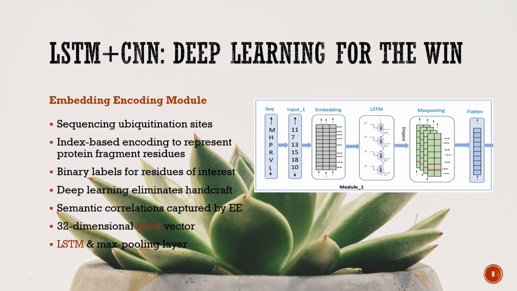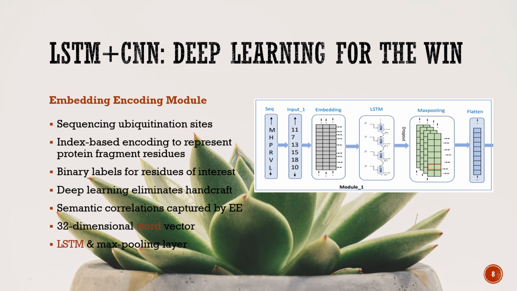So this was actually done using real plants for this article. And then they introduce in input one, you see they introduce index-based encoding to represent the protein fragment residues. So basically, that means they're assigning an integer to each of the sequence identifications, each of the sites that they've identified. And then the most important part of this is the embedding layer.